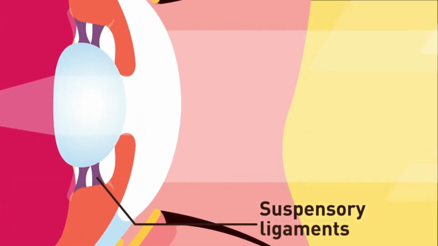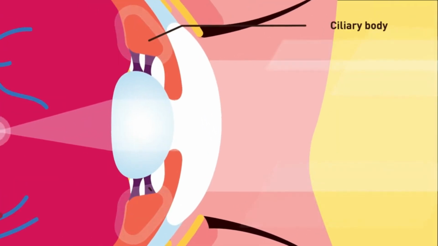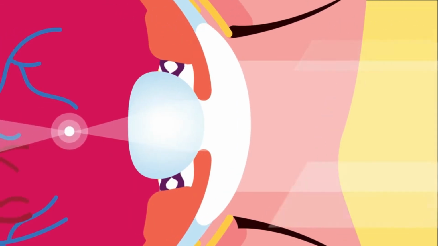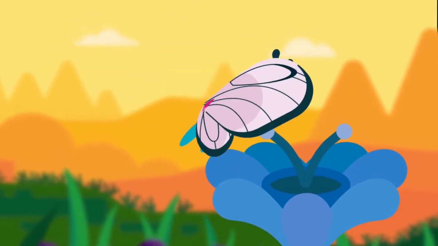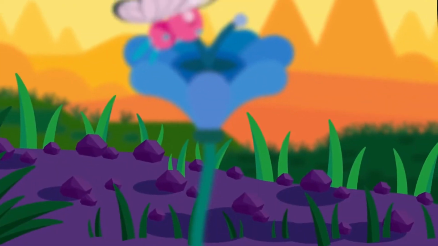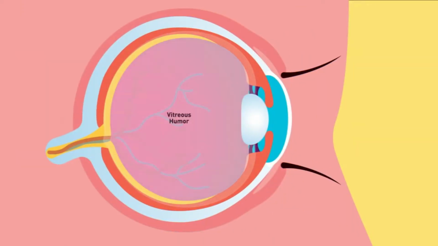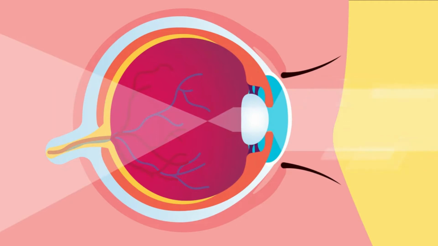Suspensory ligaments hold the lens in place. Ciliary body is a muscle that is able to contract and relax. This contraction adjusts the focus strength of the lens when seeing near or distant objects. Vitreous humor is a transparent jelly-like substance at the rear of the eye. It refracts light and, together with aqueous humor, maintains the shape of the eyeball.